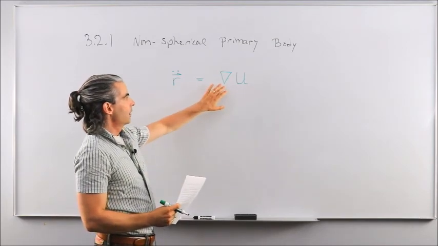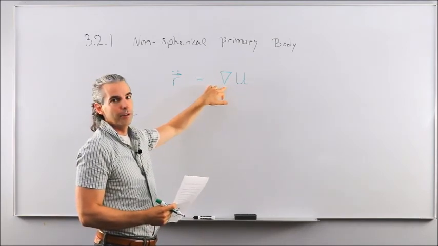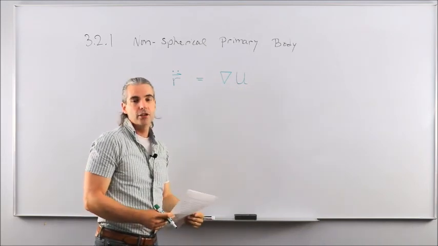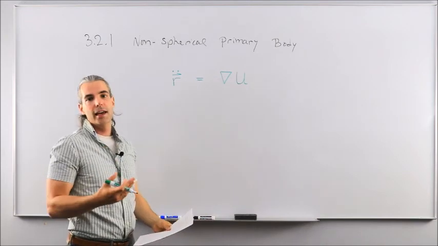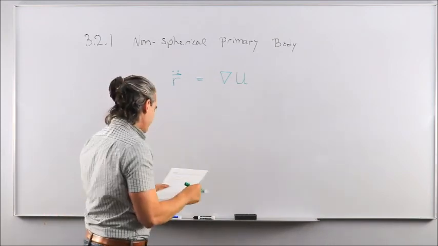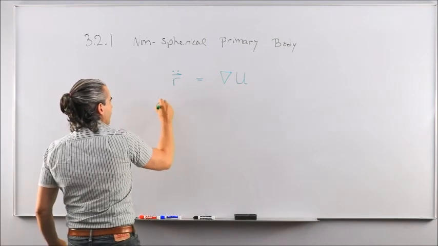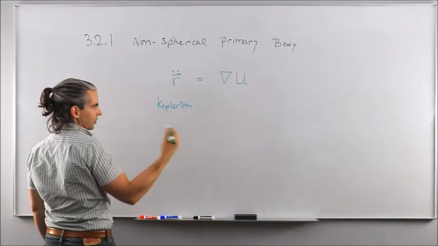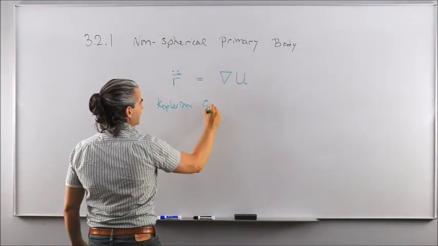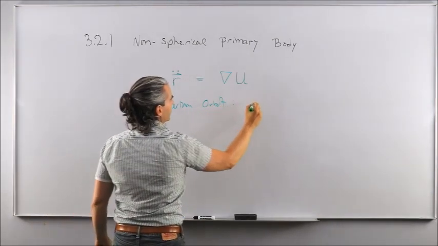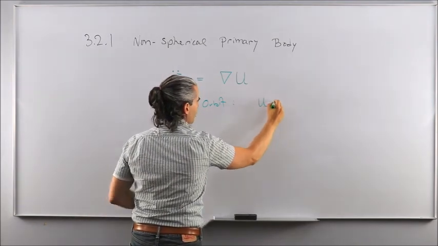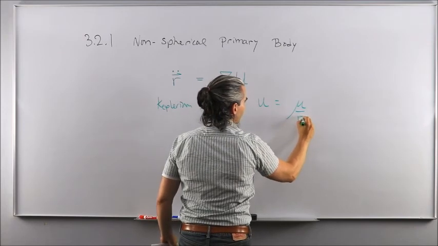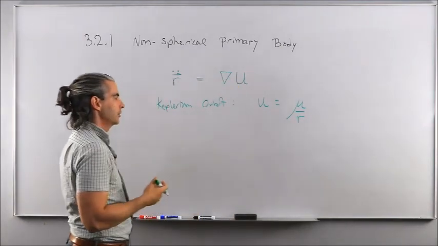Now, the gradient operator turns out to be the partial derivative of any function along the x unit direction, y unit direction, and z unit direction as well, okay? So for a Keplerian orbit, or an orbit which is only affected by the primary body, this is a synonym, Keplerian orbit, our geopotential function u is actually simply mu over the distance between m1 and m2.